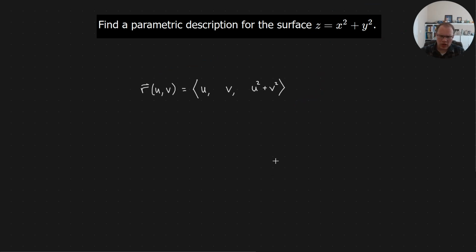Let's take a look at another one that's a little harder. Let's find a parametric description for the surface z squared equals x squared plus y squared. This one's a little different. Now I don't have the z all by itself, right? It's z squared that's by itself. So there are different parameterizations for different surfaces. Sometimes using a different coordinate system may make the parameterization easier.